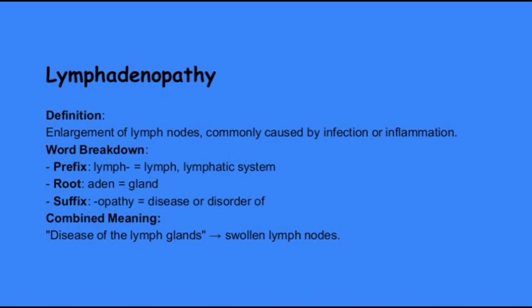So when we put it together, lymphadenopathy literally means disease of the lymph node. In our case study, the patient presented with swollen lymph nodes, which is a classic example of lymphadenopathy. It tells the doctor that the immune system is active.